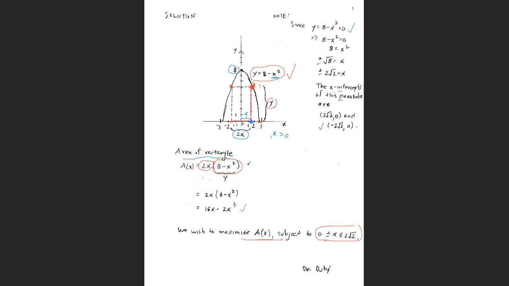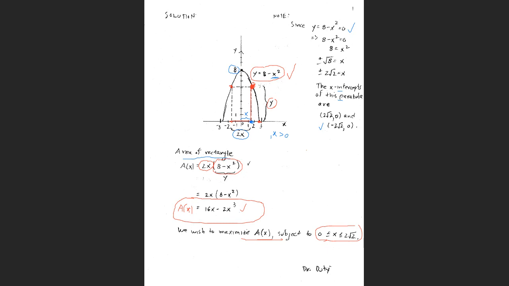All right, then what do we want to do with our function A of x, which is equal to 16x minus 2x cubed? What do we want to do with that function? Find its derivative.